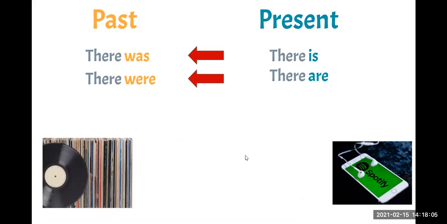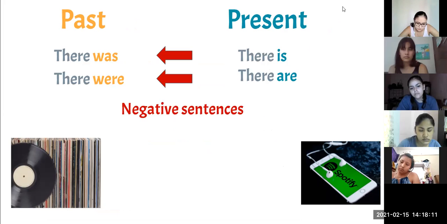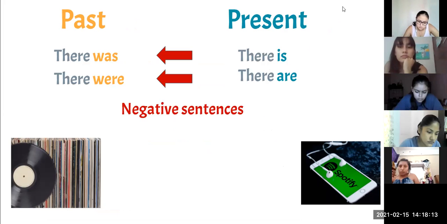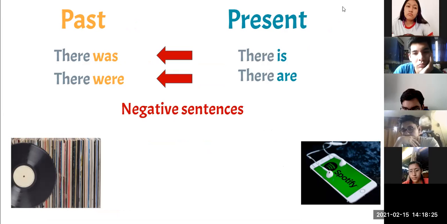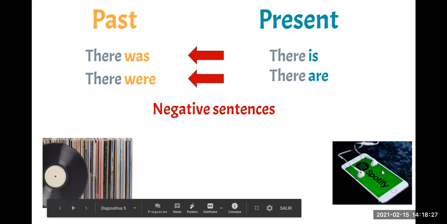Okay, what about the negative sentence? What can we say about the negative sentence? ¿Qué podríamos decir? In the 1960s, una oración negativa con there were, ¿cómo podríamos decirla? In the 1960s, there weren't apps to listen to music. Very good.